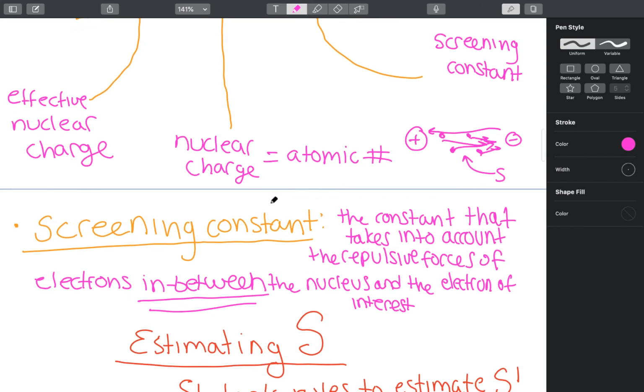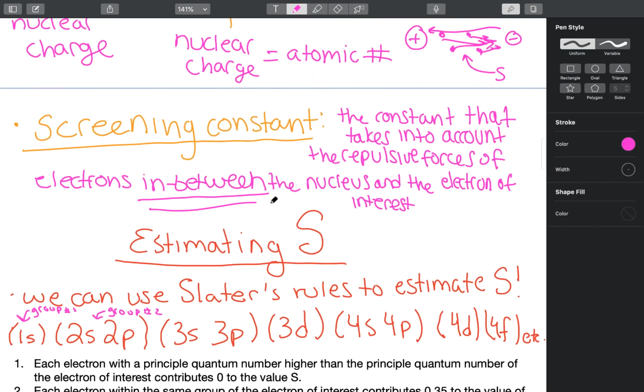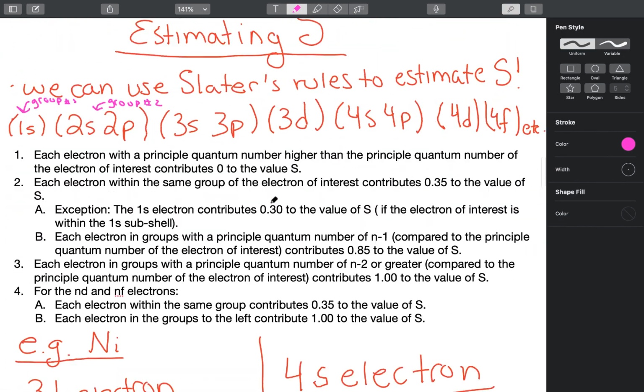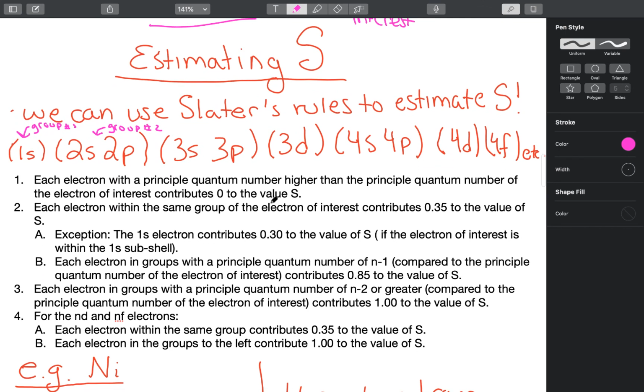So we can actually estimate the value of the screening constant by using Slater's rules. So Slater's rules are basically this list of rules that you have to memorize in order to be able to calculate the value of S. So I have typed out for you all of Slater's rules. The first thing that you have to do is organize the electronic structure of your atom in this particular way.